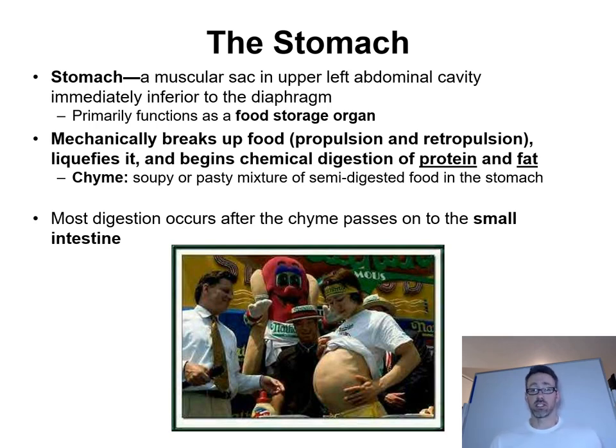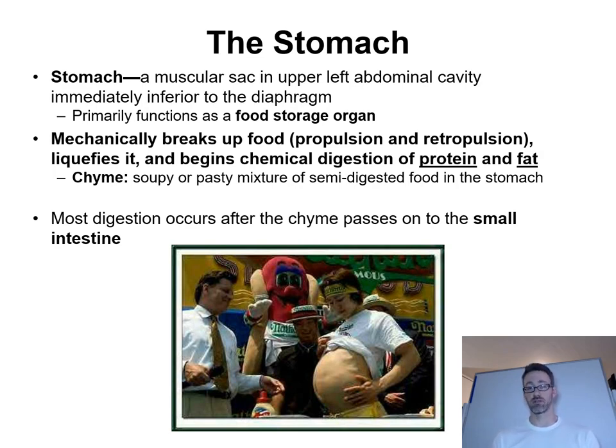Now the stomach's job is also to mechanically churn and break up the food. It does that through what we call propulsion and retropulsion: moving the contents forward towards the small intestine and then backwards again, back into the stomach. So we're going to see both cases. The whole job of the stomach here is really to grind that up and liquefy it.